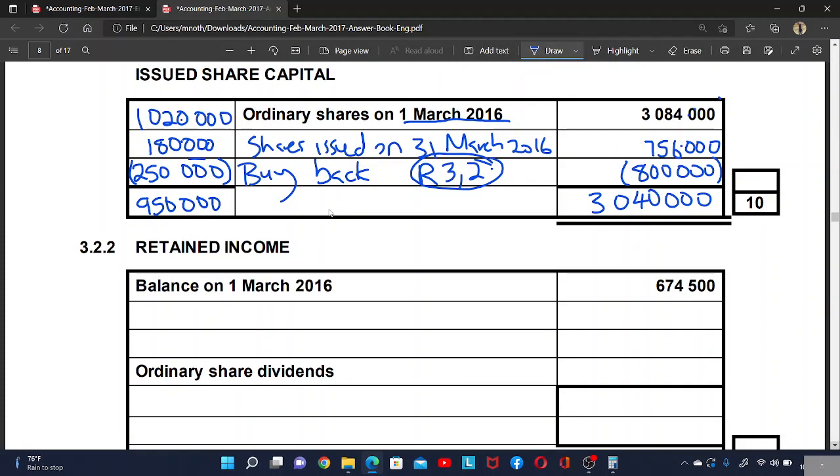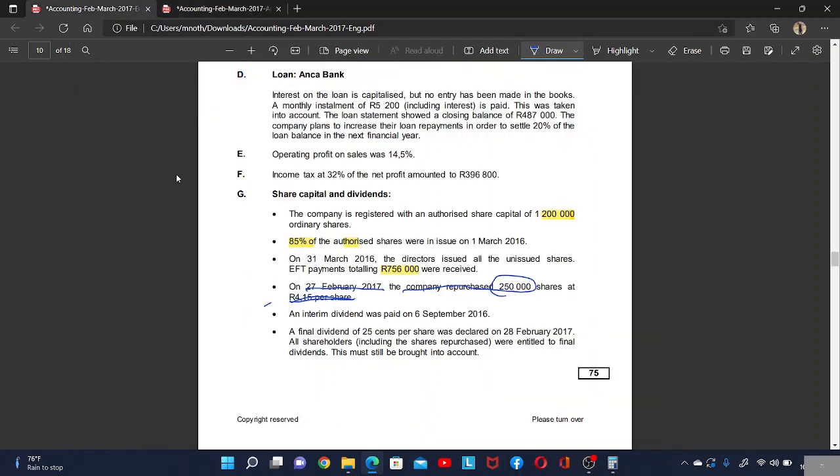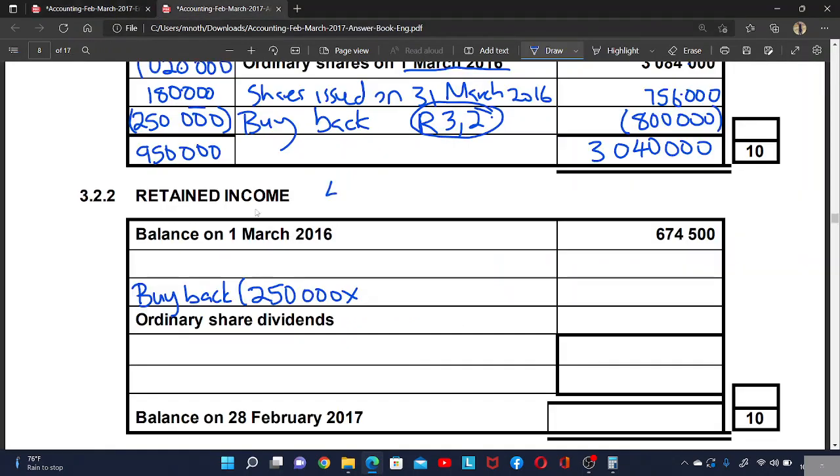Now we are going to the retained income. Let's go straight to the buyback. The shares that we bought back were 250. And at what price? I said the difference is the one that is going to the retained income. They were bought back at a price of 415 cents. 415 cents minus Rand 20 is equal to 0.95.